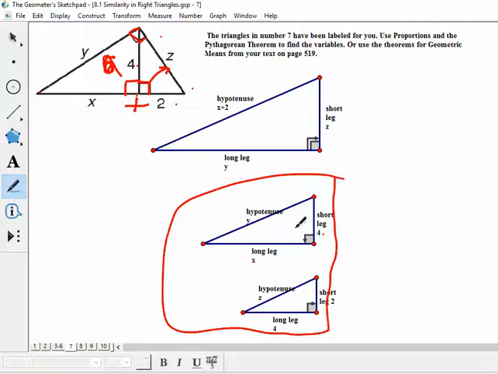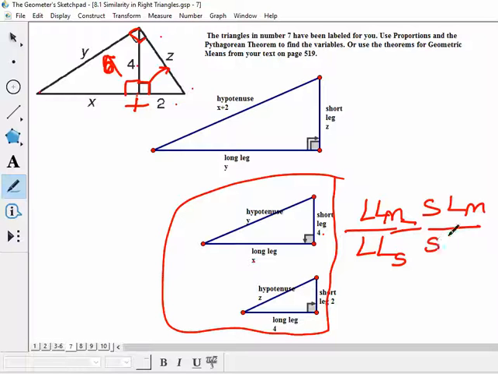Let's use these two triangles to find X. So I'm going to take the long leg of the medium over the long leg of the small equal to the short leg of the medium. I'm going to put M's by these so I remember. So long leg of the medium and long leg of the small will equal the short leg of the medium over the short leg of the small. And then you just fill this in with your numbers.